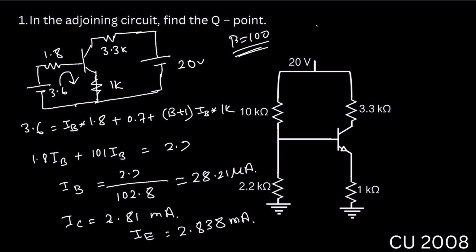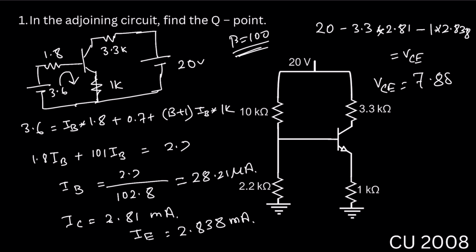We can write down 20 minus 3.3 into IC, which is 2.81 milliampere, minus 1 into IE, which is 2.838 milliampere, equal to VCE. VCE will be 7.889 volt, right?